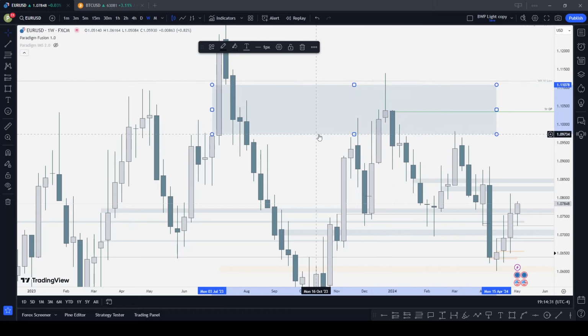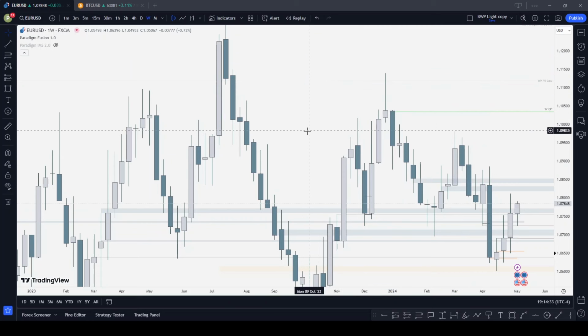So basically, what I'm saying in essence is that when you have a PDRA, even if that PDRA is bullish, once price closes below that PDRA, the algorithm is going to treat that PDRA as a bearish PDRA.